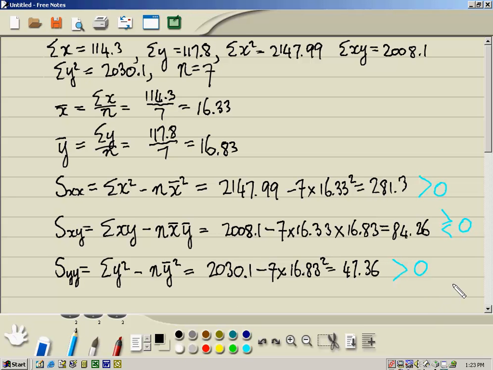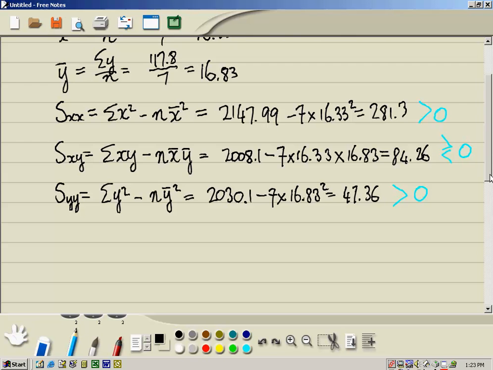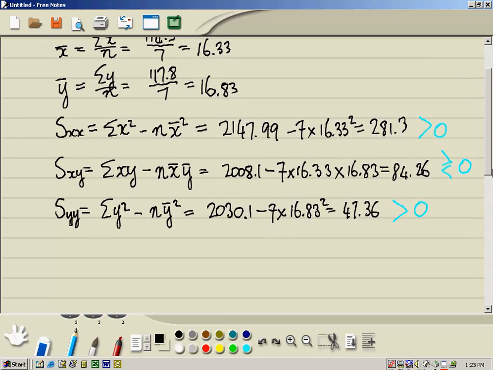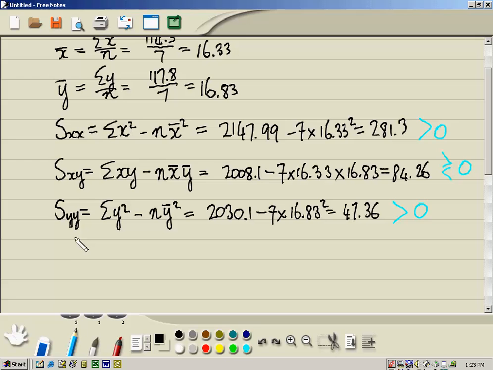Now ready to do the parts we need for the estimation, beta hat 1 and then beta hat 0. Okay, so first, beta hat 1 is the sum of squares of xy, Sxy, divided by the sum of squares of x.